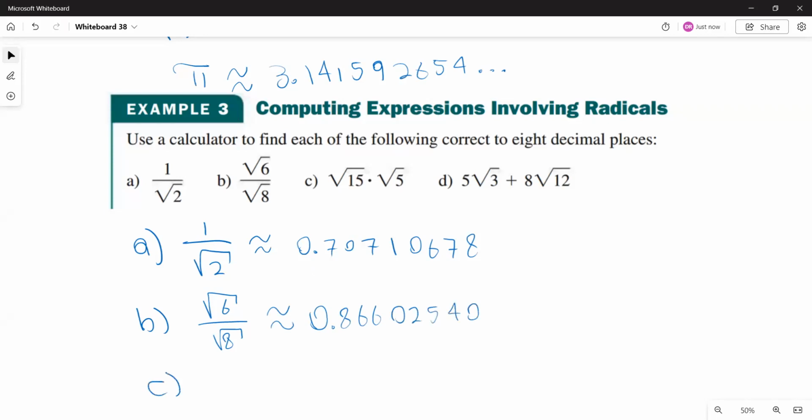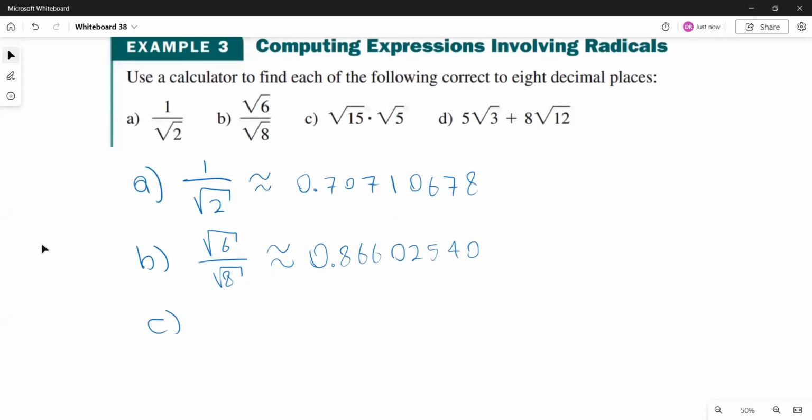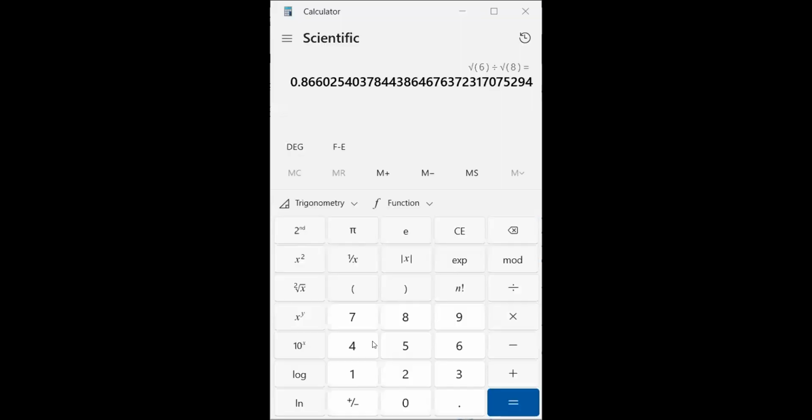Or C, square root of 15 times square root of 5. That's about 10, well, that's 10 times the number we got before.